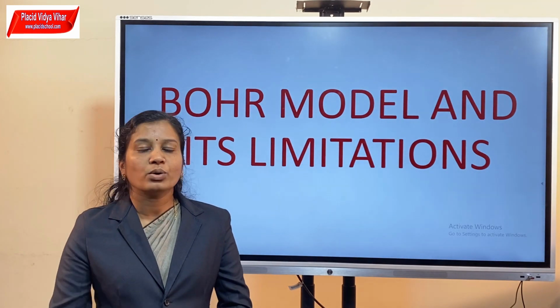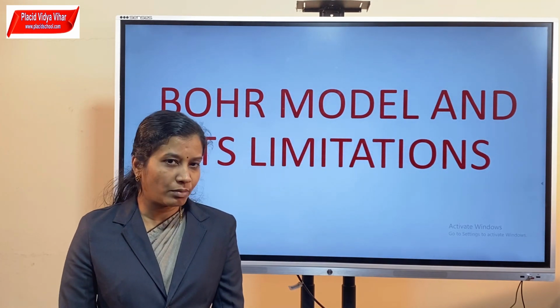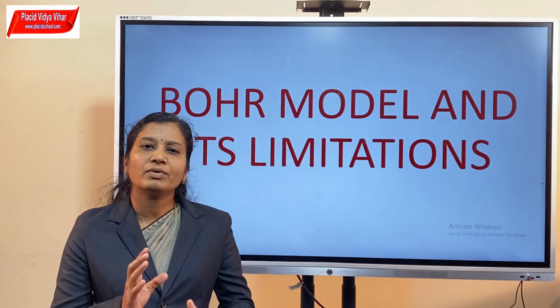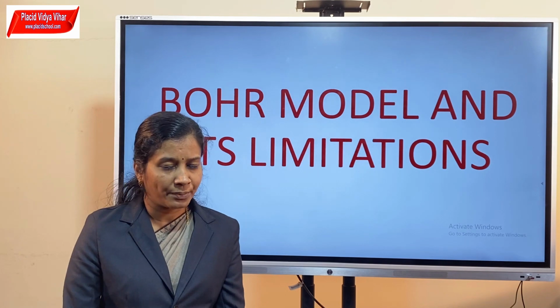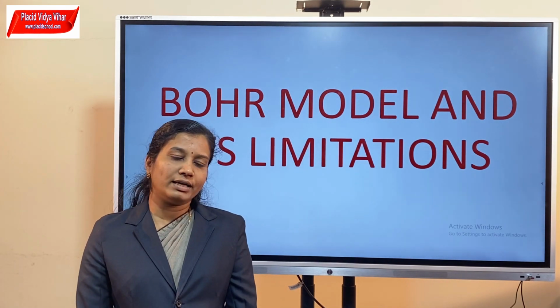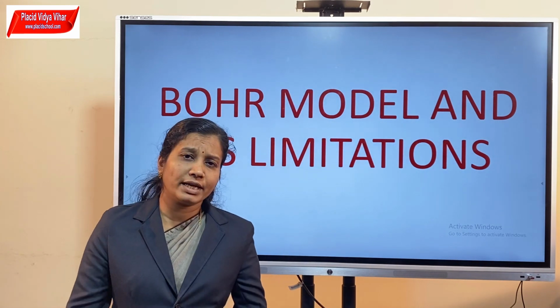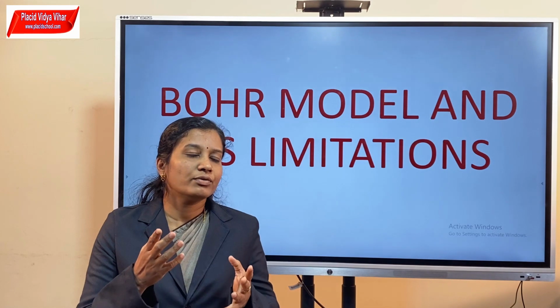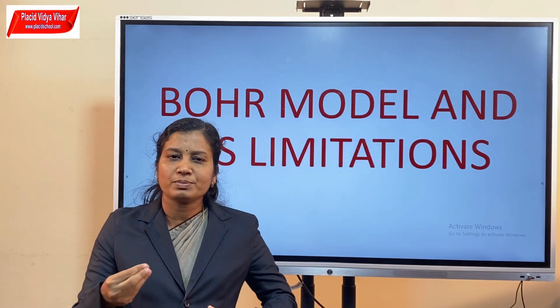Next we are going to see Rutherford's atomic model. You know about the alpha ray scattering experiment. In that experiment, Rutherford bombarded alpha particles from a radioactive source onto a thin gold foil, and he noticed certain observations.